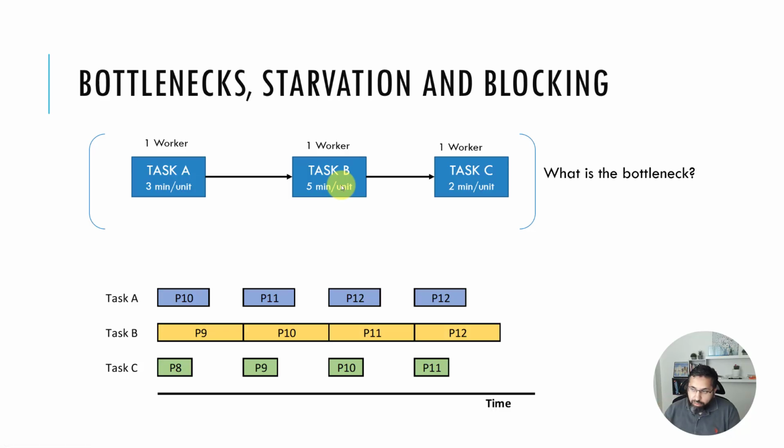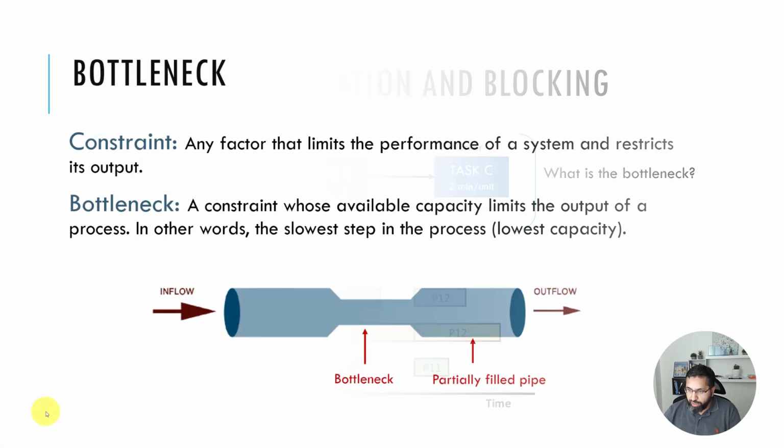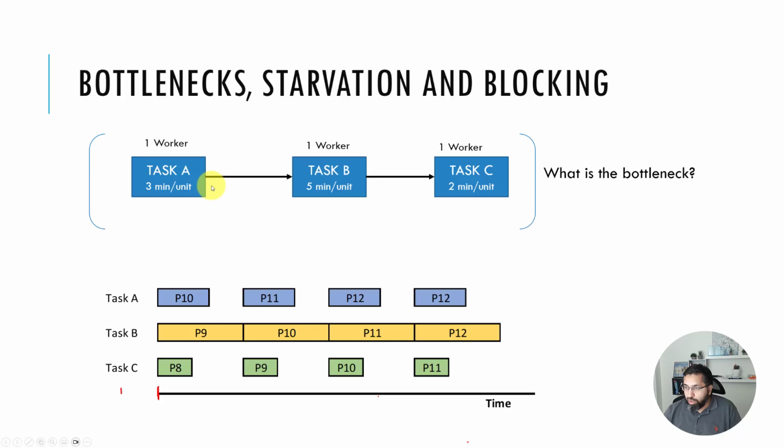Now, at the bottom of the slide, I have a time diagram drawn. Okay. So let's say at a certain time, we start observing this process. So at this time, if this was the start of the day, then when the first unit flows into task A, task B and C would have nothing to work on because they just started the day empty, assuming they didn't carry forward any work from the previous day, any work in process.